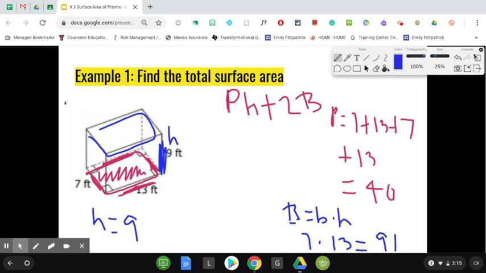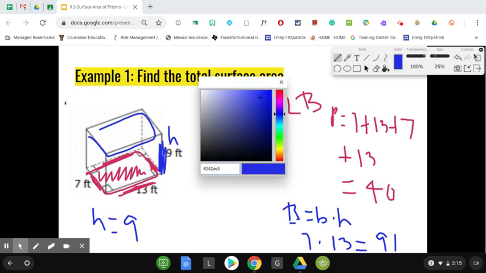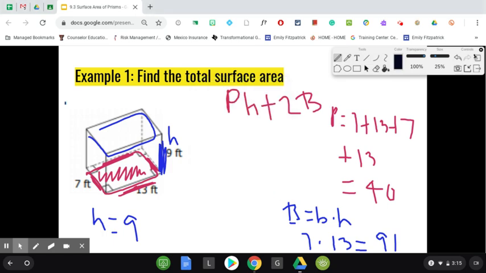After you have all three letters, the perimeter, the height, and the area of the base, all we have to do is plug it into our formula. My perimeter is 40 times the height, which is 9, plus 2 times the area of the base, which is 91.